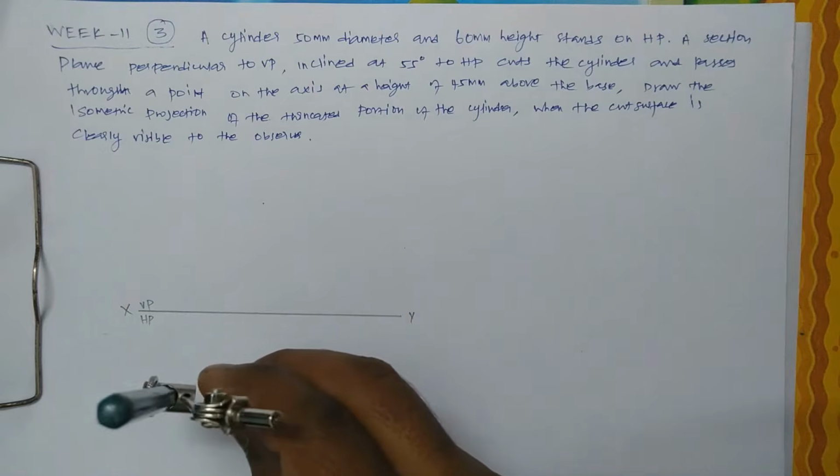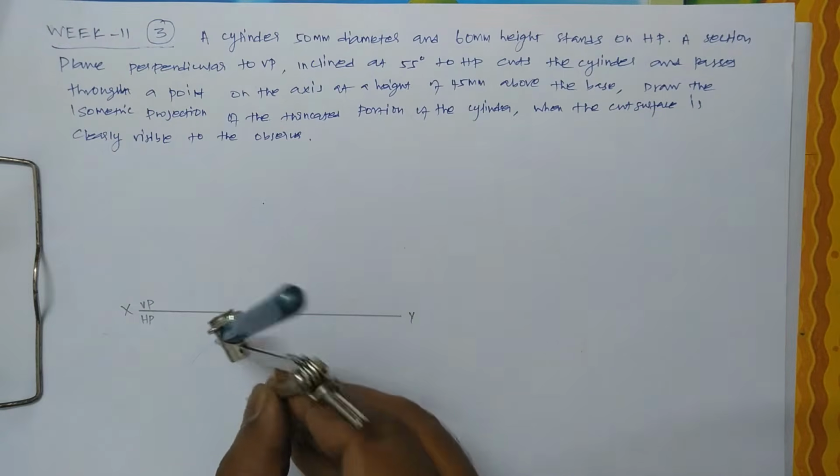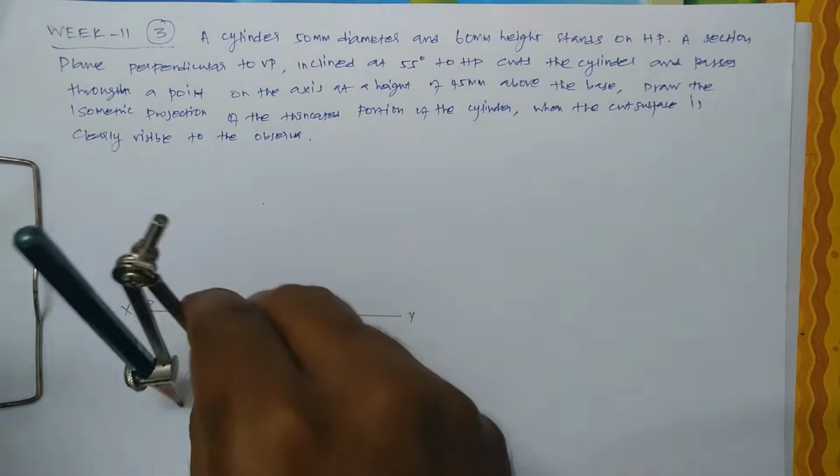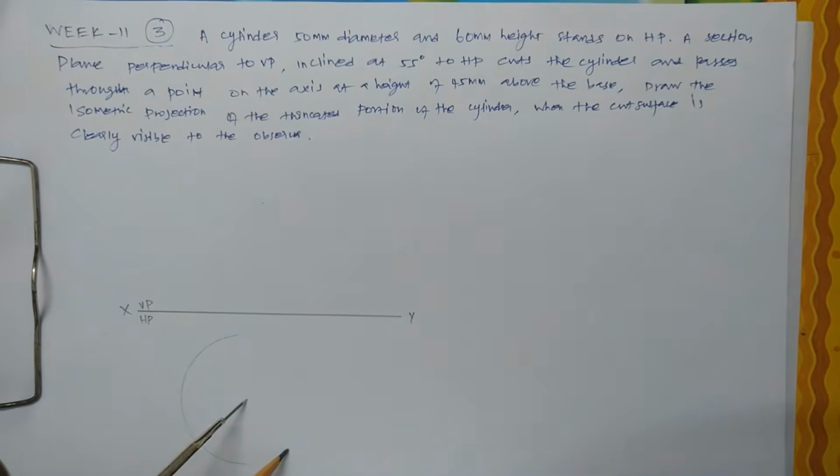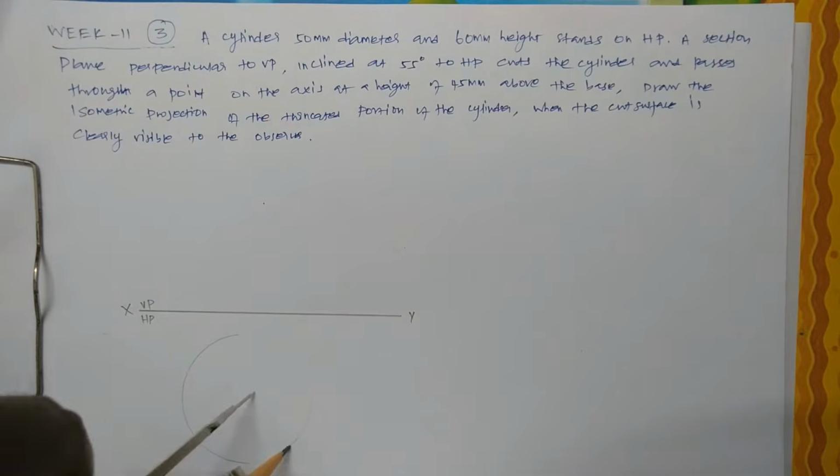Let us complete the simple position. After that we will section it, then we can show the truncated one. We can keep it in the isometric plane.